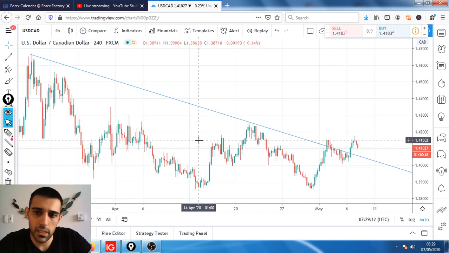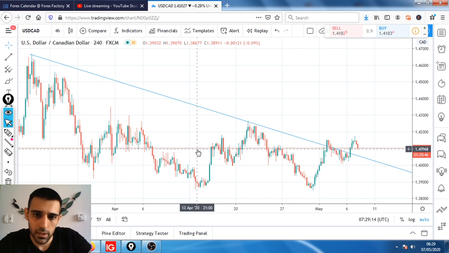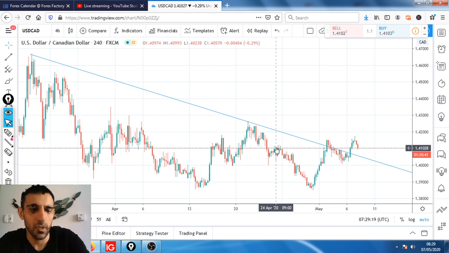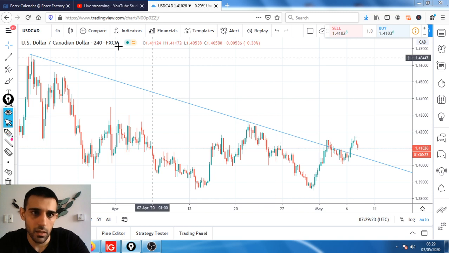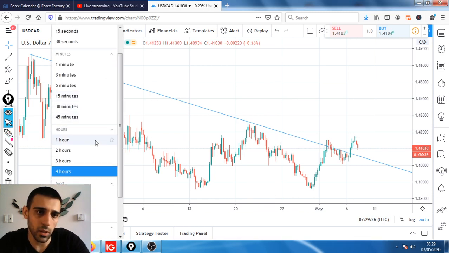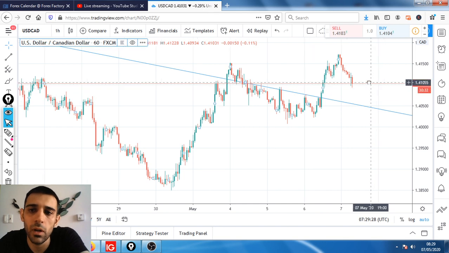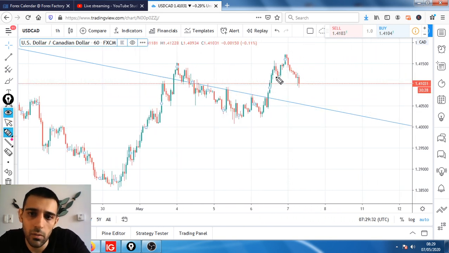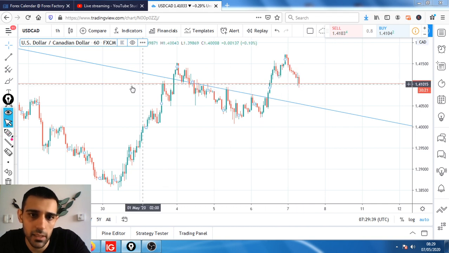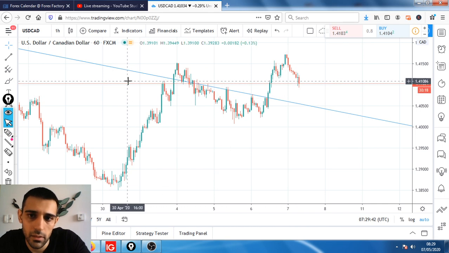Before we do that, okay, so we have this support zone down here. On the 1-hourly time frame, we did form this 1-hourly low, but we've now broken this low and the price is continuing to push lower.